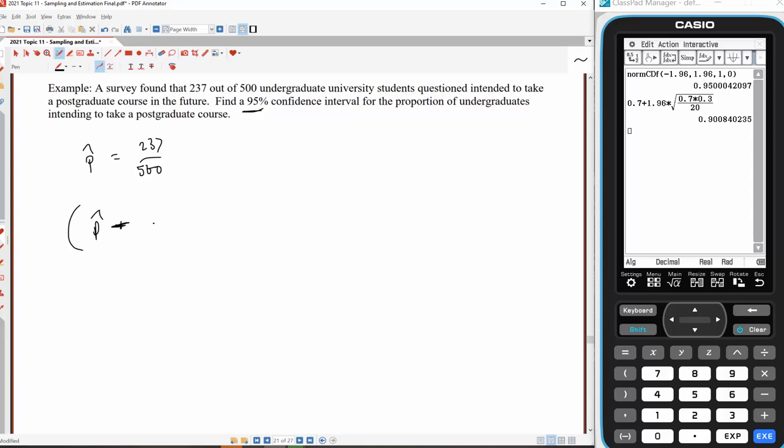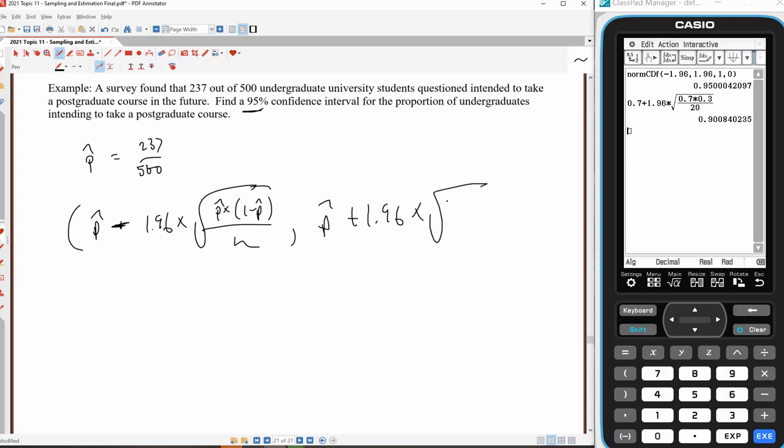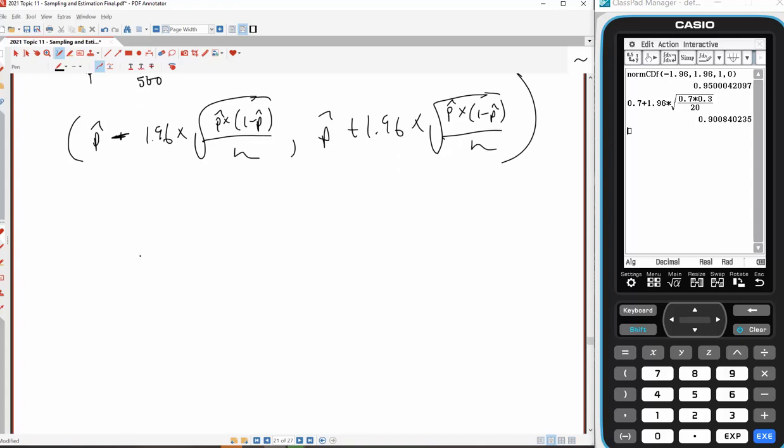P hat takeaway 1.96 times the square root of P hat times 1 take P hat over n, then P hat plus 1.96 times the same. Right, so again it's going to be a case of slamming this in. So 237 over 500 is P hat.